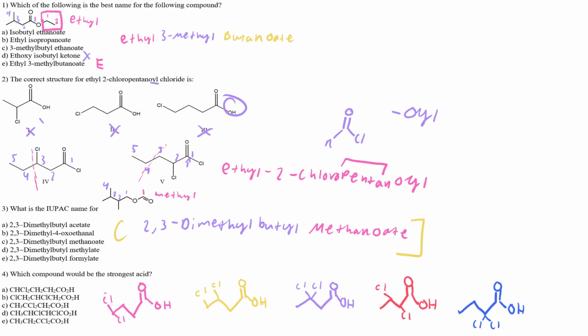I have chlorine, okay? But as you can see, as we progress this way, the chlorines are moving closer and closer to the, you could say, parent carbon, okay? The carbon that has the carboxylic acid on it, okay? So you should be thinking that this right here would be the best structure.